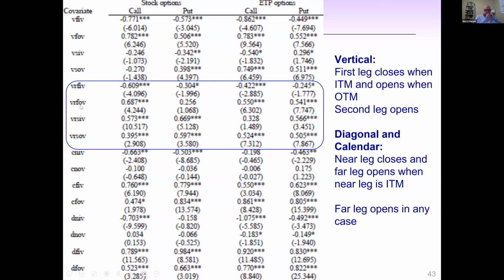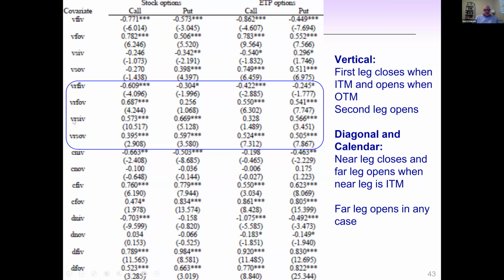When the first leg is out of the money, volume in the first leg and volume in the second leg are opening trades. Okay, I'm not going to have time to go through all the results, but this is how we draw our conclusions, right? We see the volume in the first leg, when the first leg is in the money, those trades close the first leg.